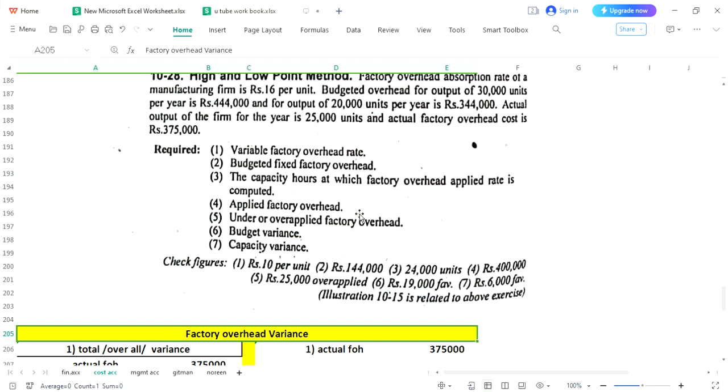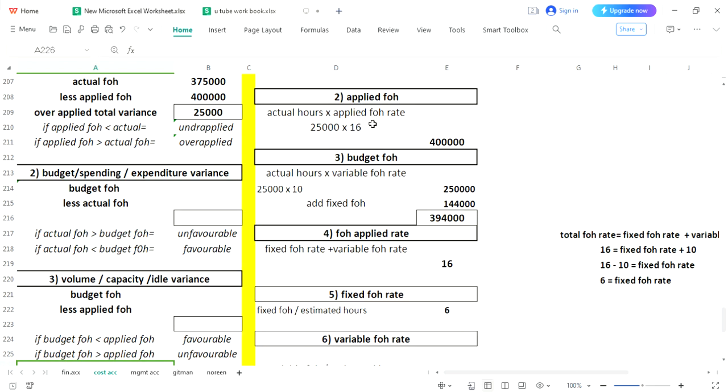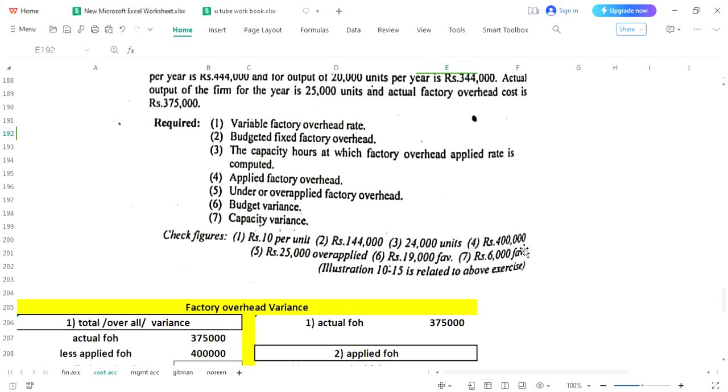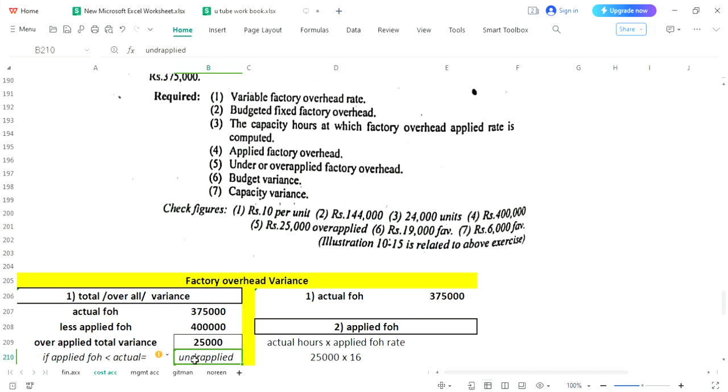Applied FH, let's see, applied FH 4 lakh we have already calculated, and you can see the fourth requirement, the 4 lakh answer is here. Applied FH, though it was pre-calculated, we hadn't checked the answer and now we have confirmed. Fifth is under or over applied, 25,000, and you have calculated 25,000 over applied, and here it has been mentioned over applied.